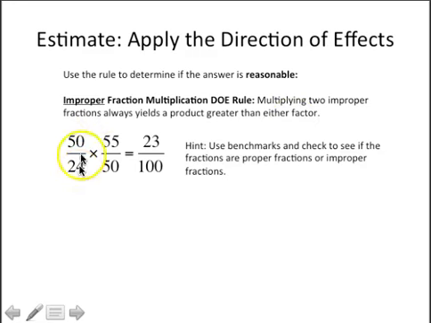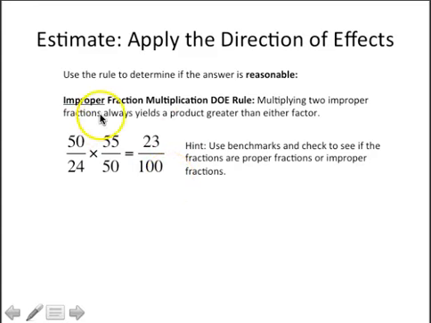50/24. This is equivalent to about 2 times 50/50. This is a little bit more than 1. So we've got a number close to 2 times a number close to 1, and our product here, 23/100, is close to 1/4, because 25/100 would be equivalent to 1/4.